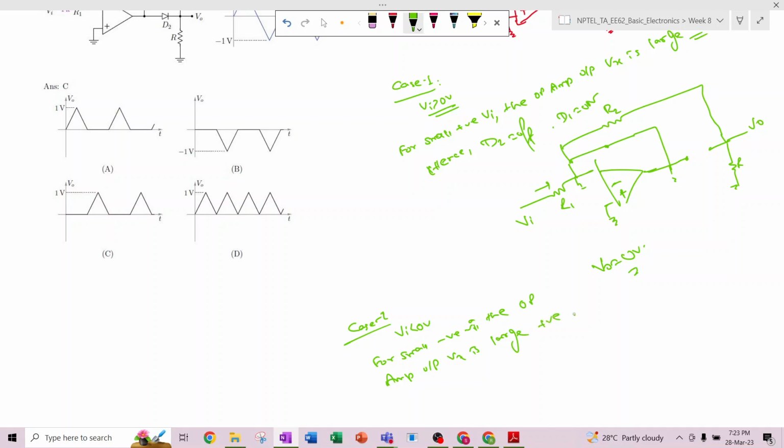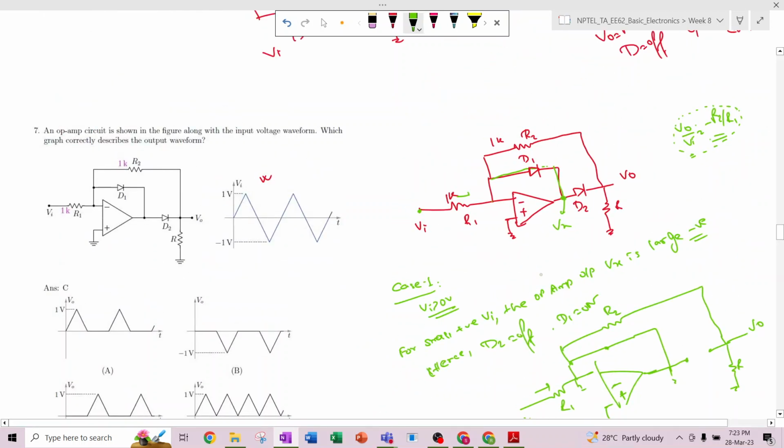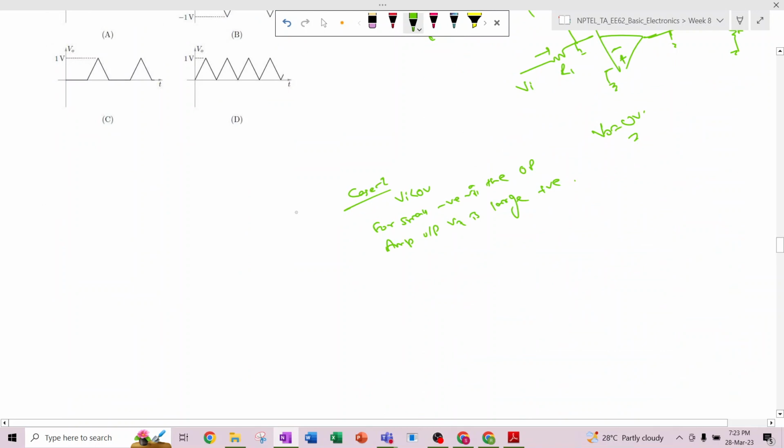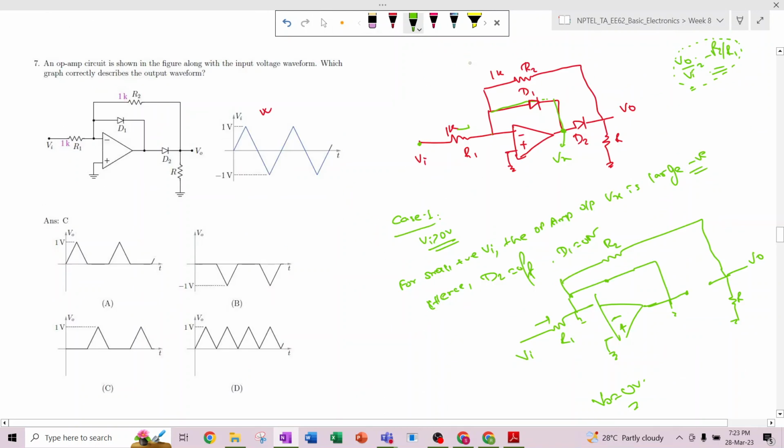So if Vx is large positive, what happens? If it is positive, that means D2 will conduct and D1 will not conduct, right?